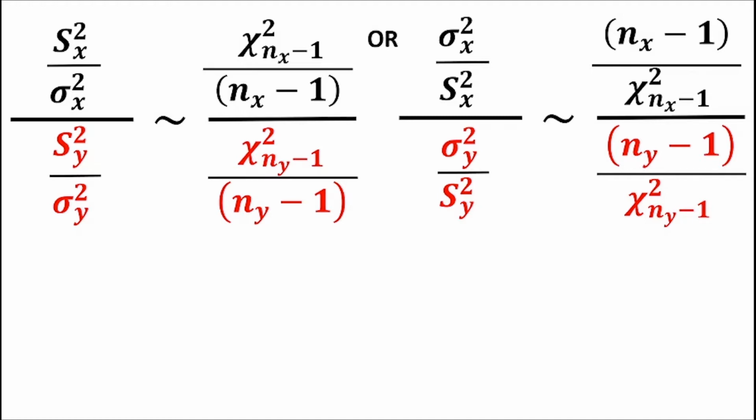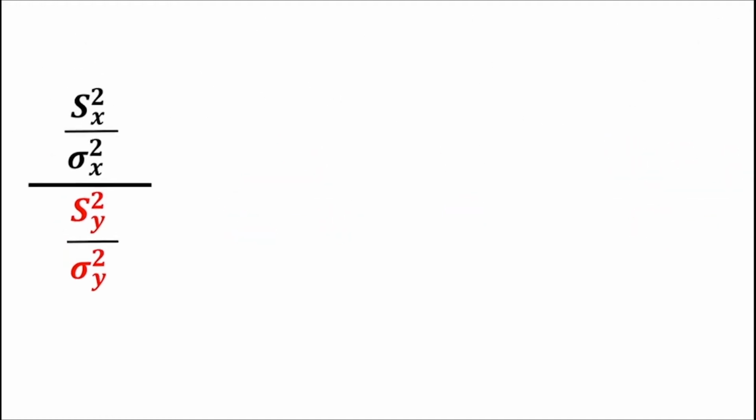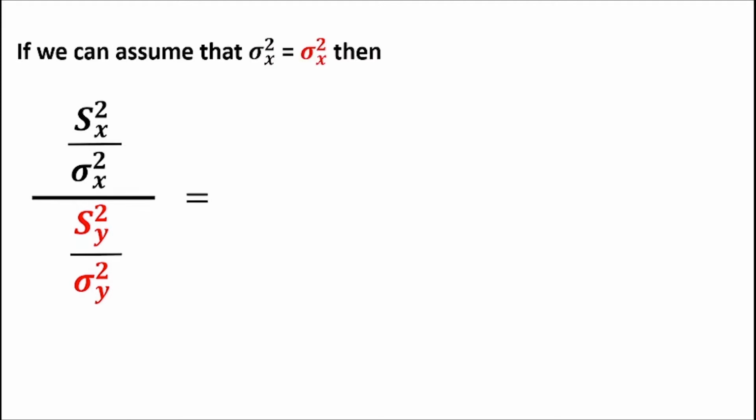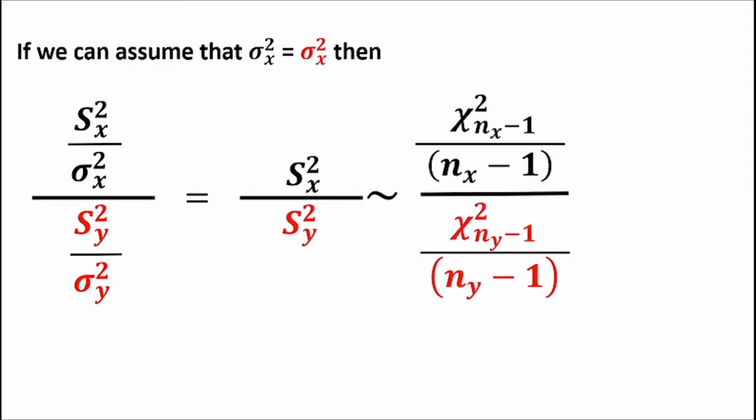Okay, we're going to make a default assumption here that sigma squared for x equals sigma squared for y. If that's true, then they can be cancelled out from this nested fraction, and we'll be left with s squared x over s squared y following this specific distribution.